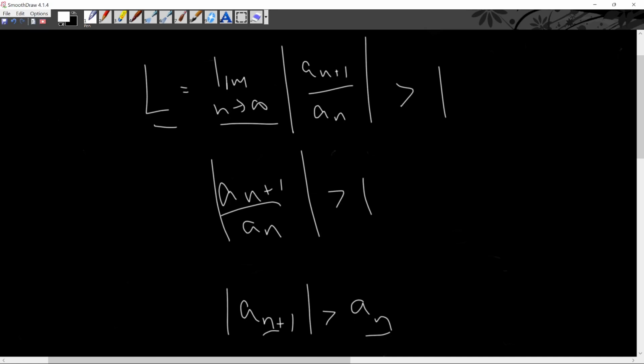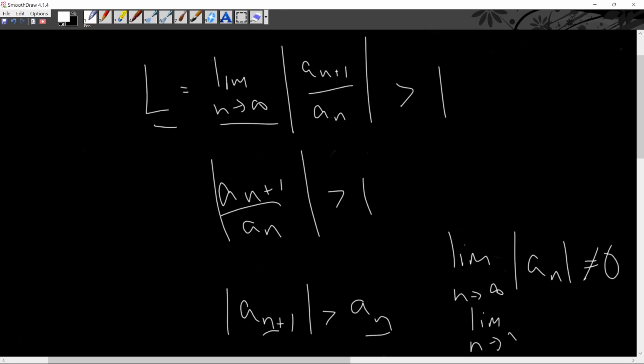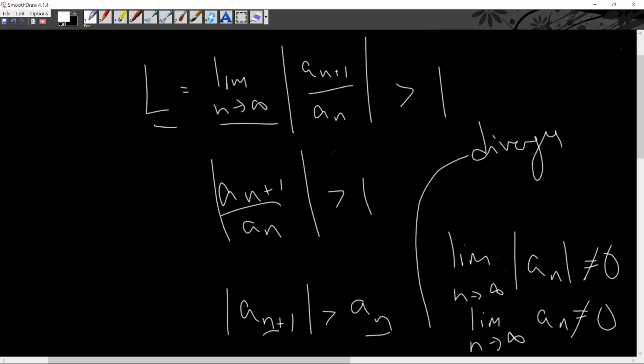So if we are monotonically increasing, that means that the limit as n approaches infinity of the absolute value of a sub n does not equal 0, which means that the limit as n approaches infinity of regular a sub n, regardless of absolute value, is also not equal to 0, which means that this diverges. So yeah, this is less of a proof and more just like a conceptual thinking sort of thing.